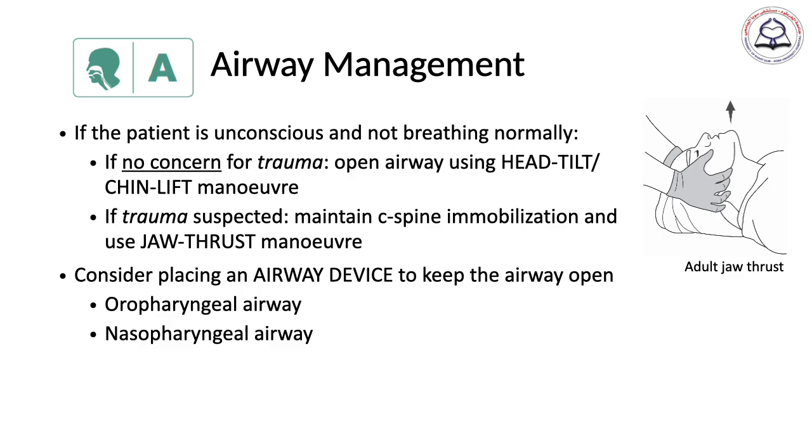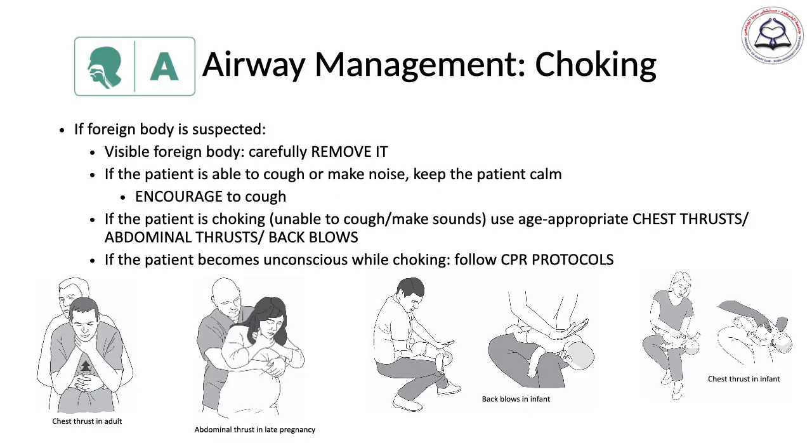After you open the airway, consider placing oropharyngeal or nasopharyngeal airways. In the comment section, I am going to put links to how you do head tilt chin lift, jaw thrust, and oropharyngeal and nasopharyngeal airways.